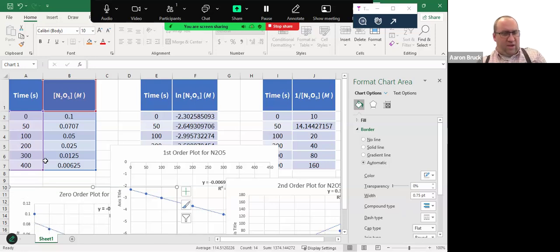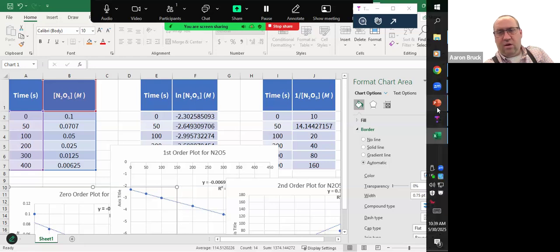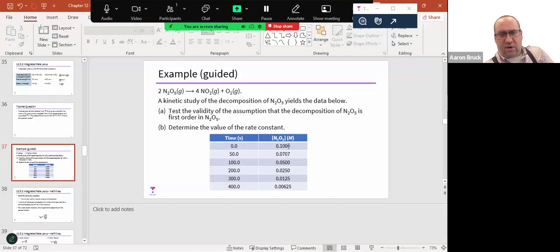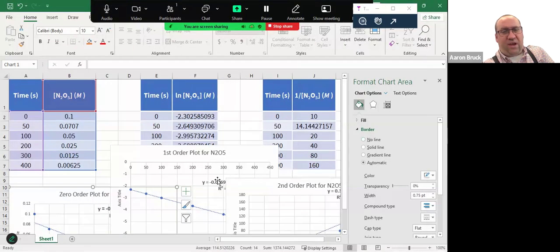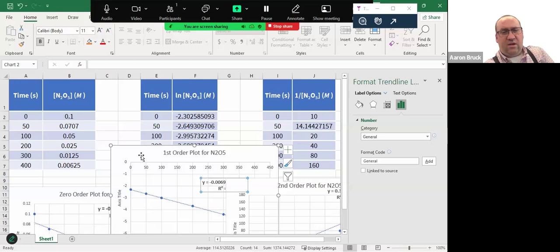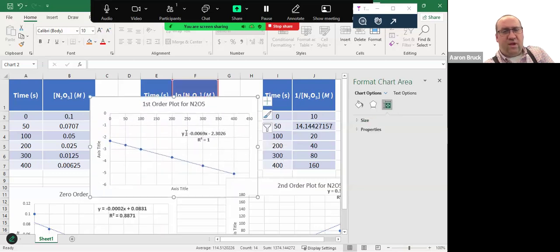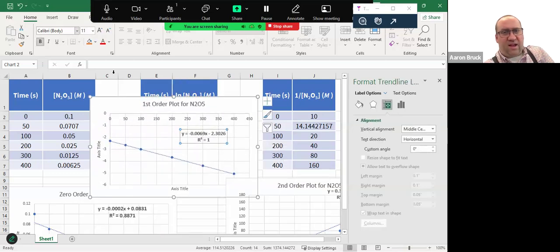It doesn't look like we were terribly worried about sig figs in our plot here. Looks like they're generally going off of 3. So since our rate constant does not have 3 in it, we're going to want to set that up.